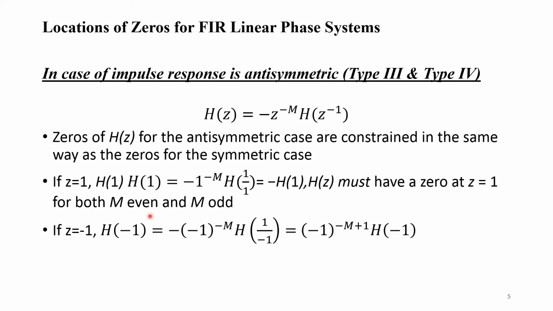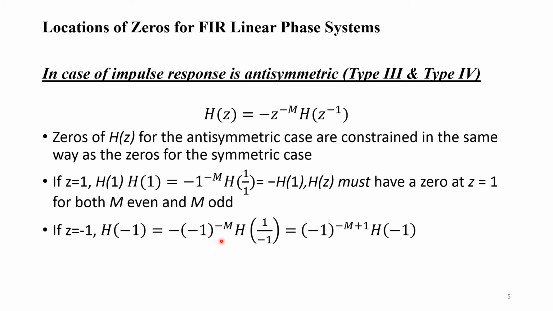You replace z with minus 1 here, so it will be H(-1) equals minus 1 times (-1)^M H(1/(-1)), and H(1/(-1)) is basically H(-1). So we have the resulting expression (-1)^(-M+1) H(-1). Simply, this is minus 1 multiplied by (-1)^(-M), and since the bases are the same, the powers are added, so we can write (-1)^(-M+1), and again from here we get H(-1). I hope this is quite straightforward.